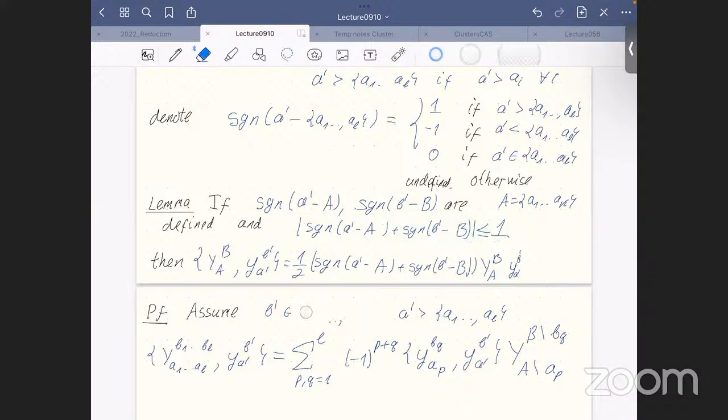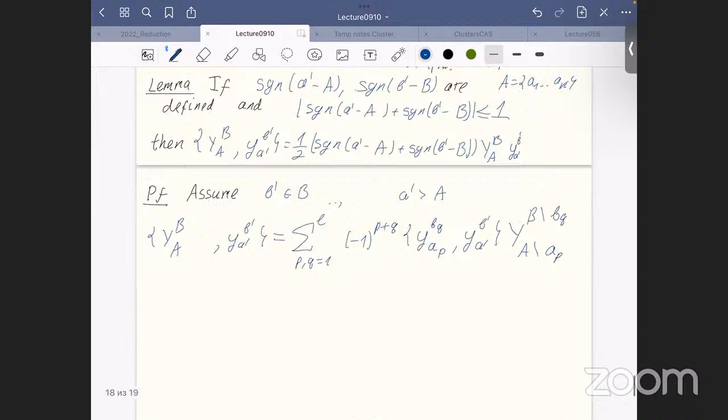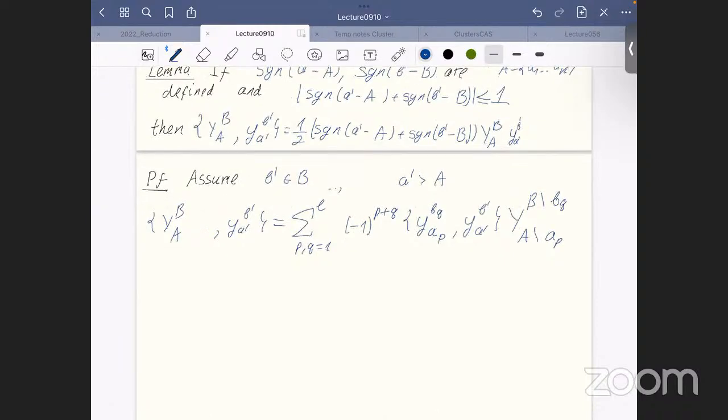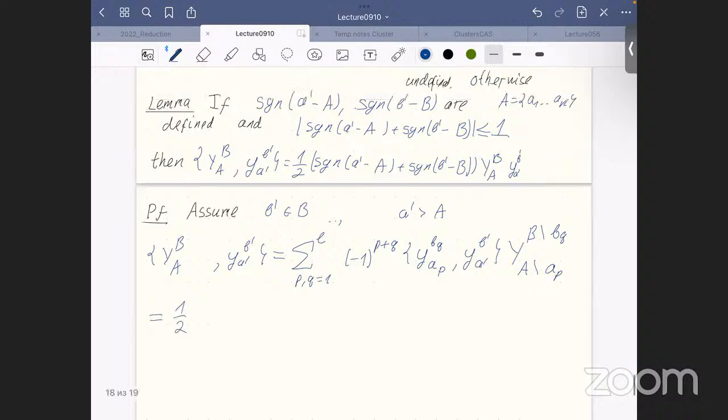Okay, anyway. Okay, now compute this bracket. This is equal to 1/2. So, sorry, why is this previous equality true?